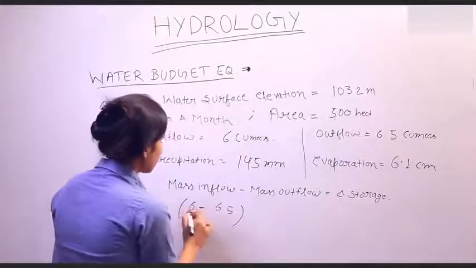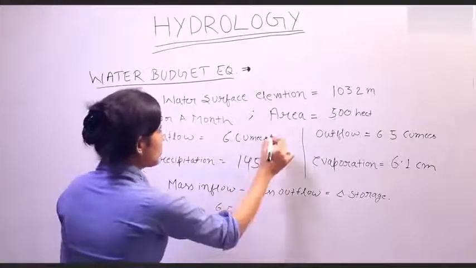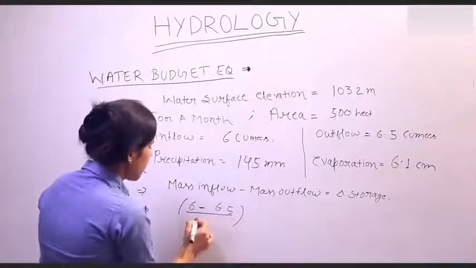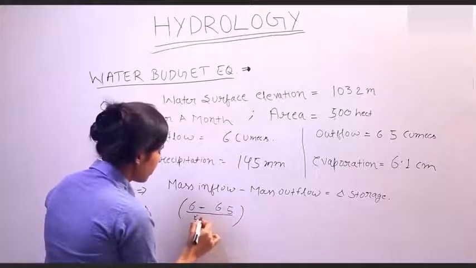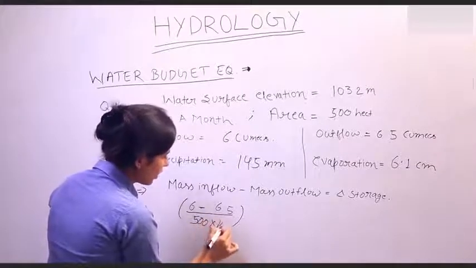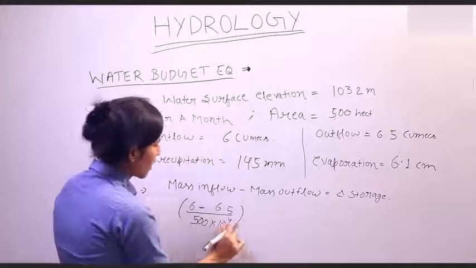Okay. So this is in meter cube per second. So we should divide it by area, 500 hectare. It would be equal to 500 into 10 to the power 4 meter square.